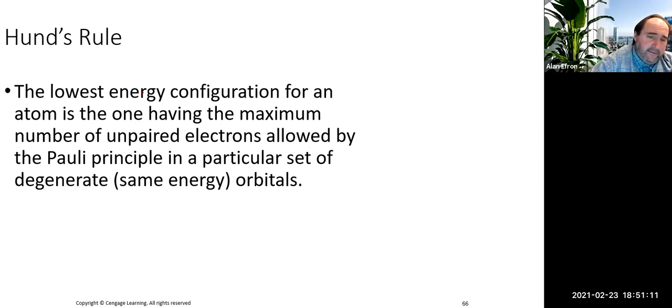You will sometimes see people write electron configuration like this: 3s2, 3p6, and then they'll write 3d4 and then 4s2, so they kind of go in order.